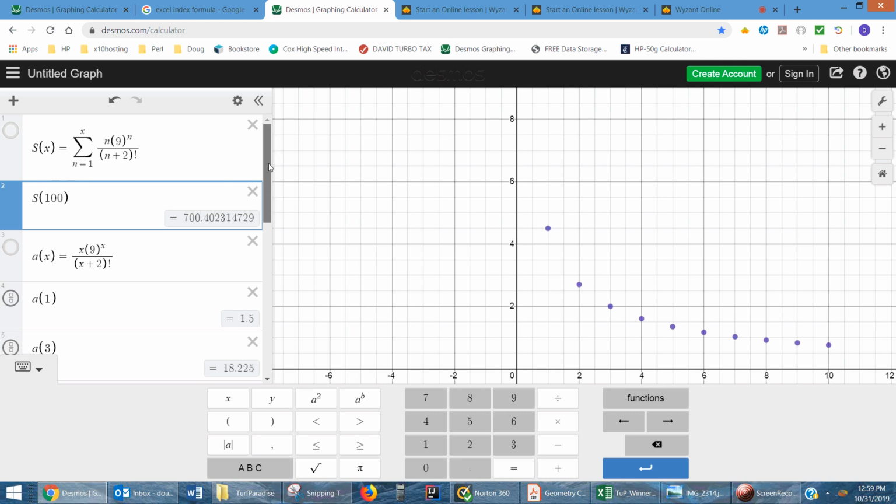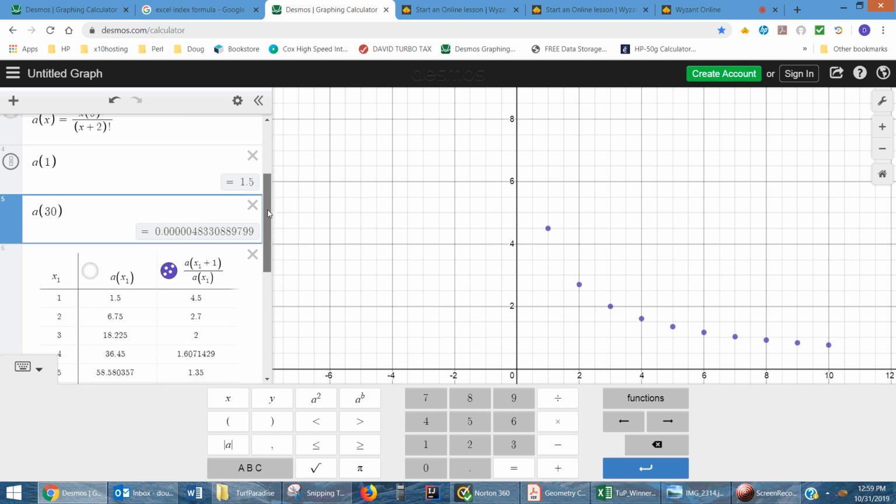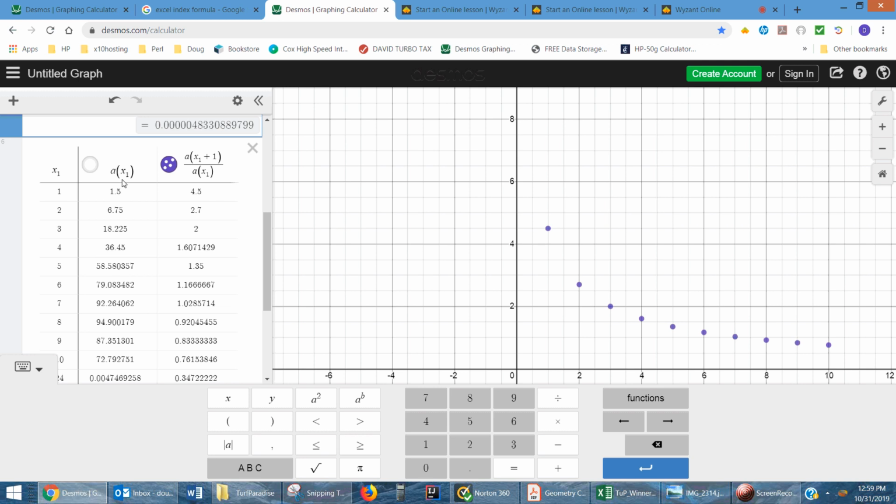And then another thing you can do is define a sub x as the nth term of the sequence. And I can find the first term, the third term, the 30th term if I want to. But the key is that if I make up a table of 1, 2, 3, 4, 5, 6, 7, see what's happening.